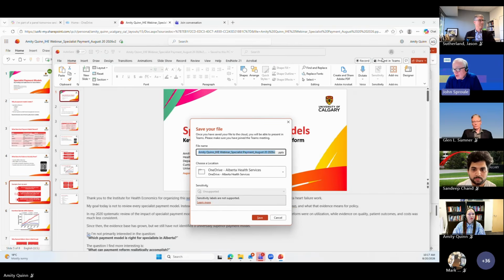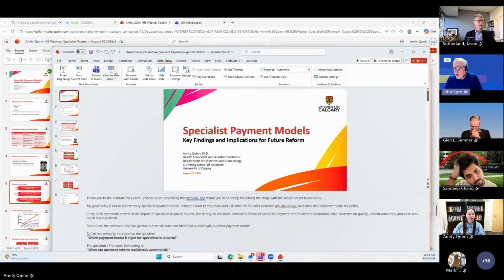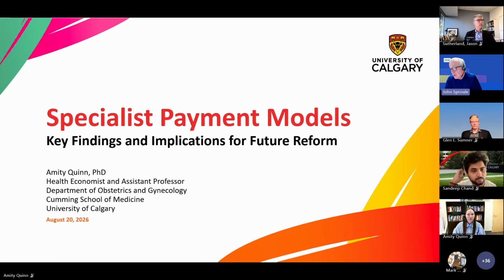Sometimes the ordering and use of tests is determined by what period of time they went to medical school and were trained. I'm just wondering whether age or gender was examined at all in the analysis, if you might answer that question before we move to Amity.